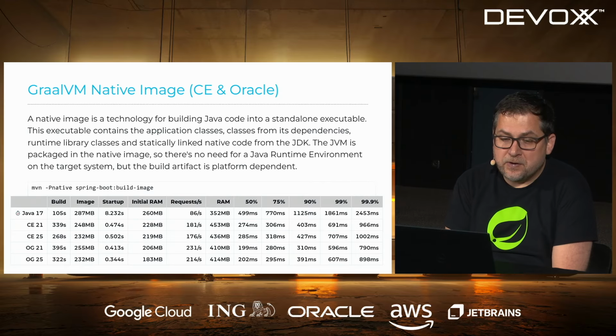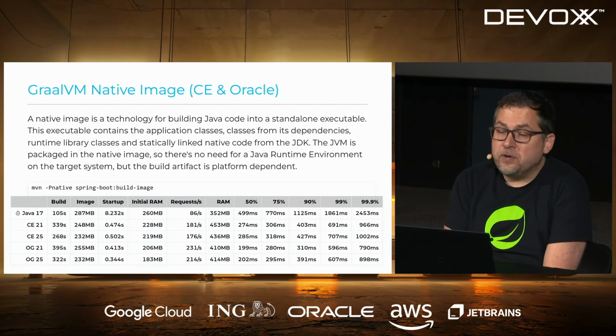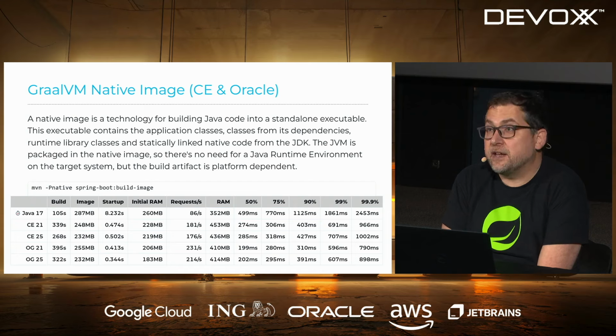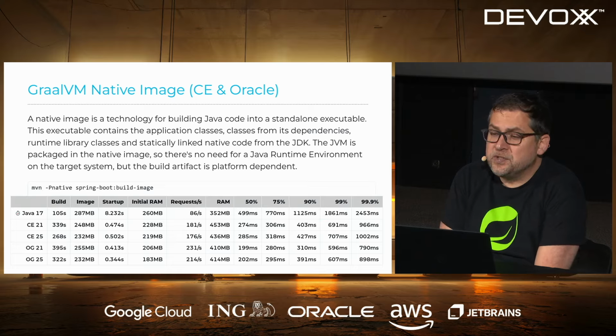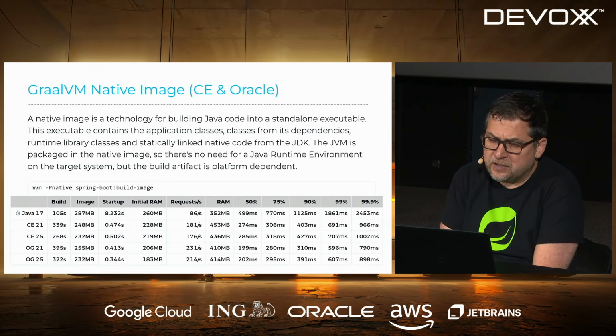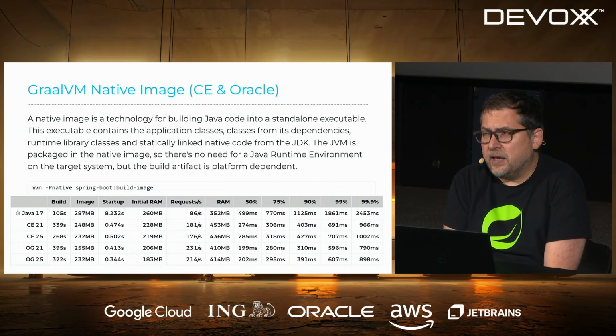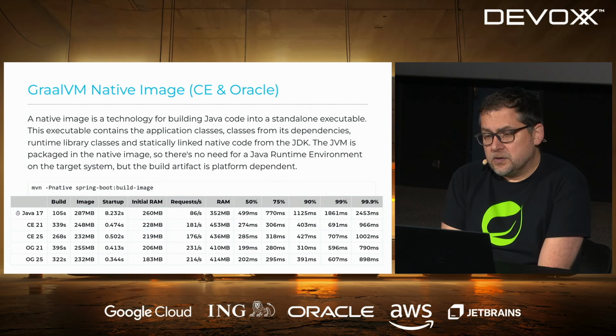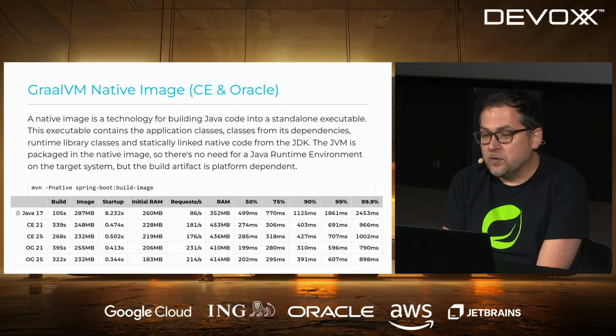But you are seeing that the numbers look nicer with the Oracle version than with just the community edition, or what you would get from BellSoft, Liberica NIK, or Red Hat Mandrel, and so on. So if you need to consider this, it's definitely a good idea, but choose the right one because you can actually gain way more.